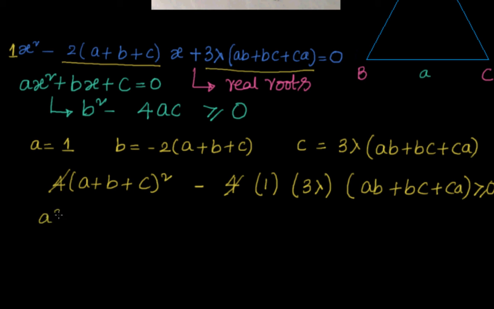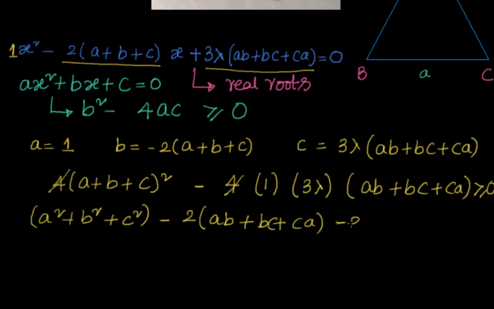So can I write it down now as a square plus b square plus c square, that's the first part, minus 2 into (ab plus bc plus ca), minus 3 lambda into (ab plus bc plus ca) is greater than or equal to 0.